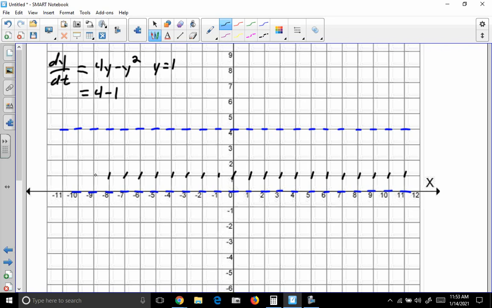And we just draw all of those roughly 3. And then we can go in and say, okay, what about when y is 2? When y is 2, we have 4 times 2 is 8, minus 2 squared. So this time we have a slope of 4, so that's getting a little bit steeper.